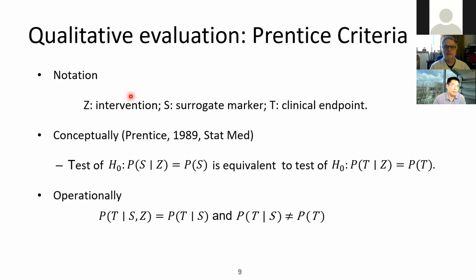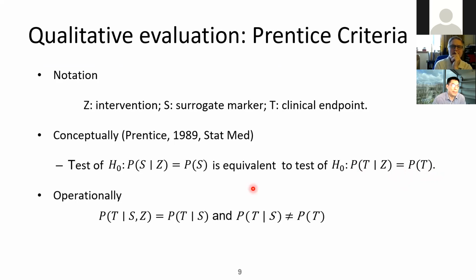If we are using this notation, Z as intervention, S as a surrogate marker, T as a clinical endpoint. Conceptually, Ross proposed this Prentice criteria in a 1989 Statistics in Medicine paper. Basically, testing the distribution of surrogate markers in the different intervention arms is equivalent to testing the distributions of clinical endpoints in the different treatment arms.